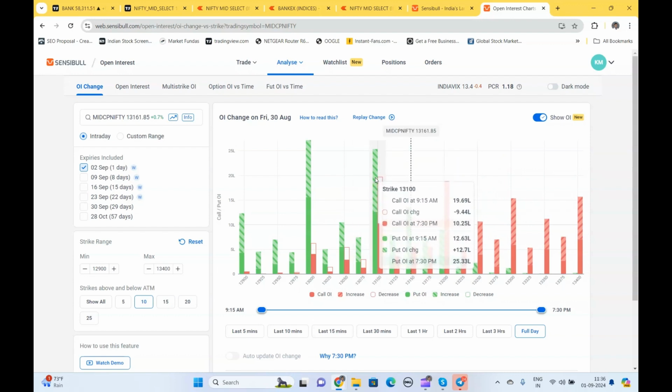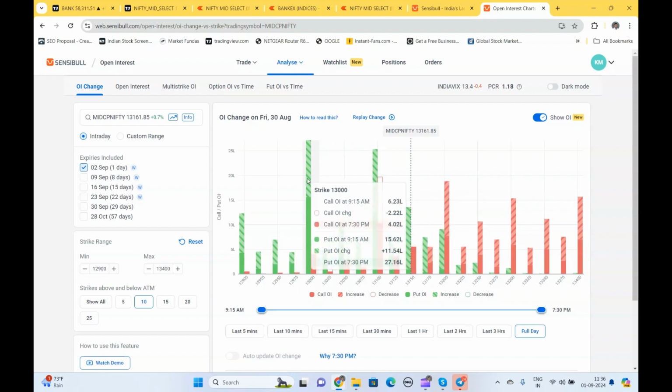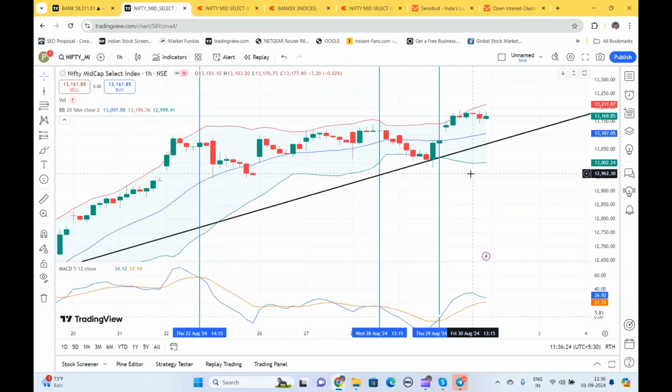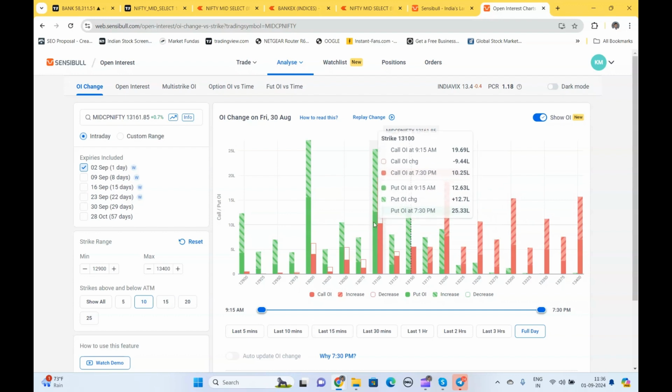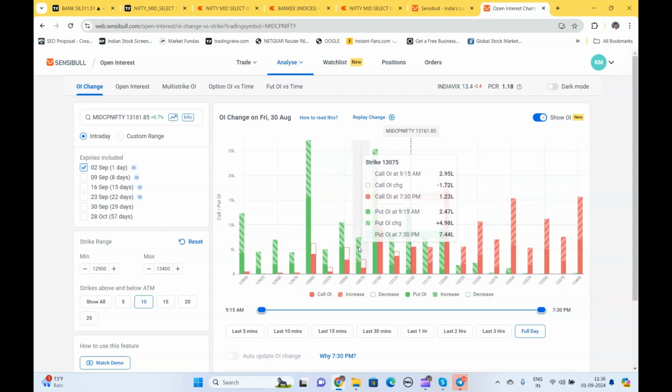Definitely you can go for a long, because there are very strong put writers at 13,000. I've already shown you here, somewhere here, if it comes to 13,075, close to between this, definitely you can go for the buy side.